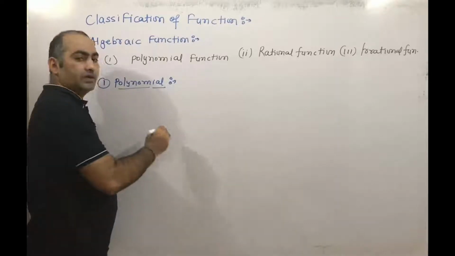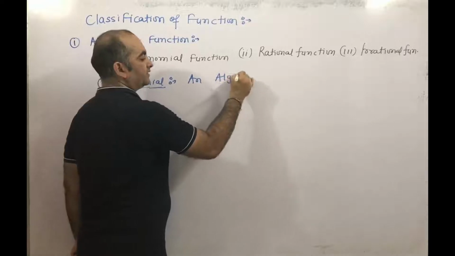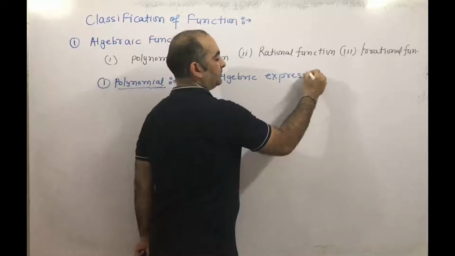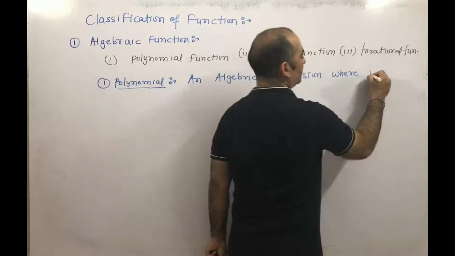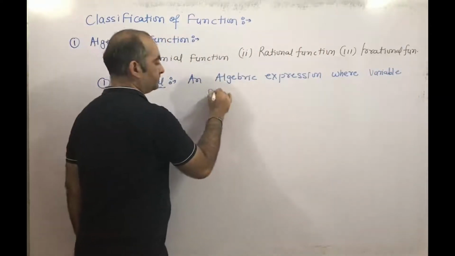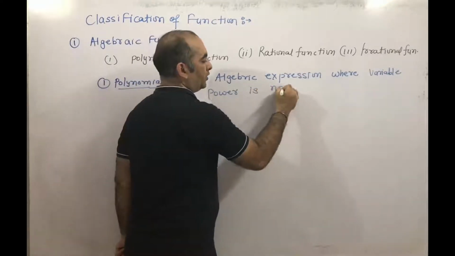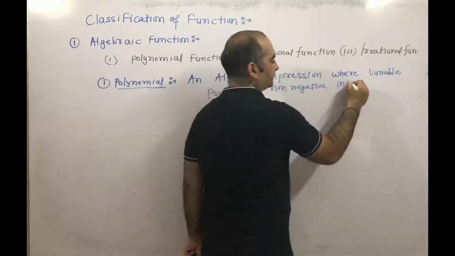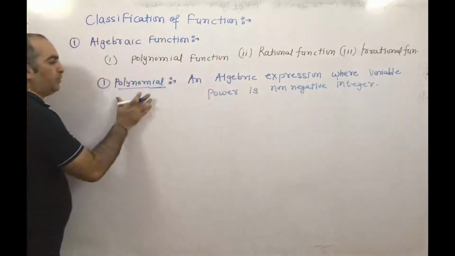So the definition is: an algebraic expression where the variable power is a non-negative integer. That expression is called a polynomial function.